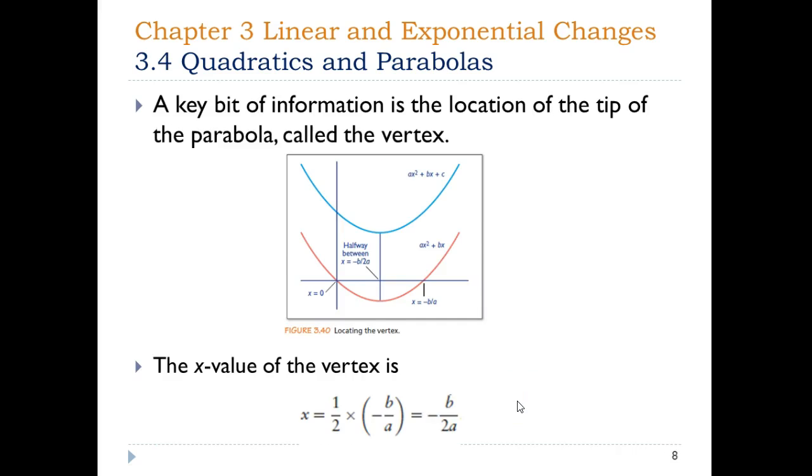A key bit of information is the location of the tip of the parabola, called the vertex. The x value of the vertex is x equals 1/2 times negative b divided by a, or simplified, negative b divided by 2a.